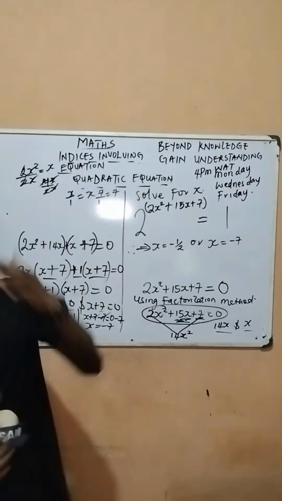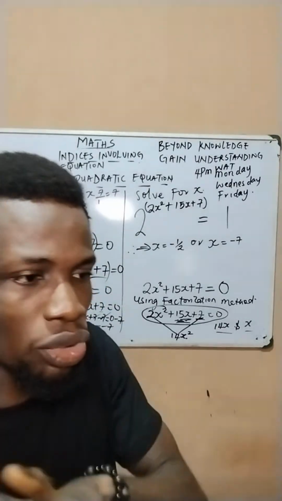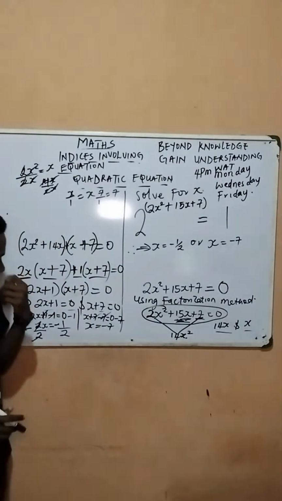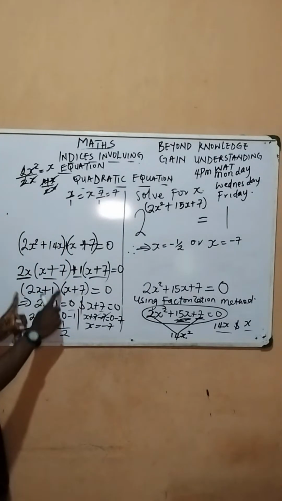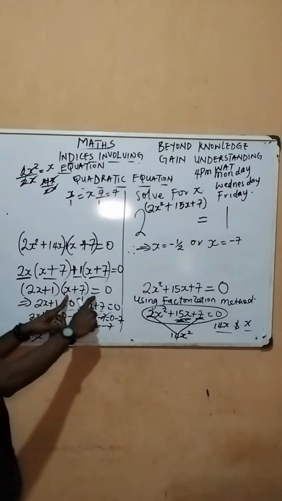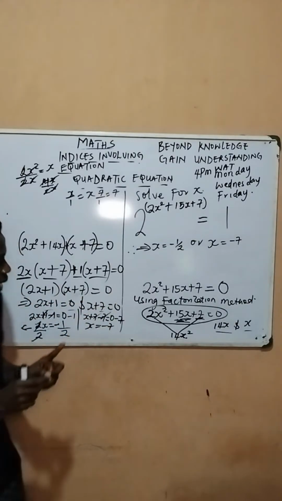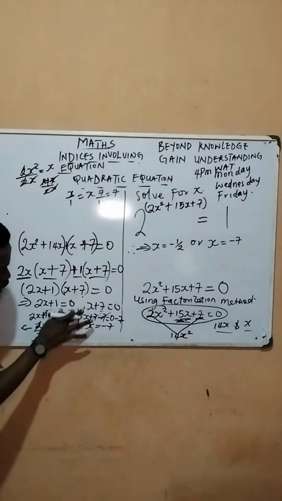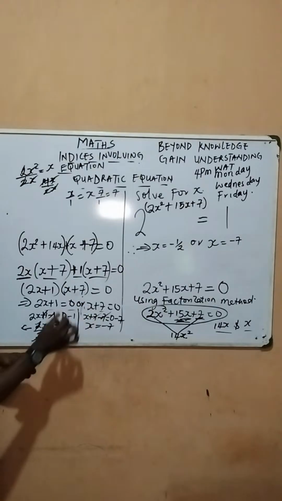Now I want to correct myself because I said something that might not be entirely true. I just realized that I said that if (2x + 1)(x + 7) equals 0, it implies that 2x + 1 equals 0 and x + 7 equals 0. It's not supposed to be "and", it's supposed to be "or".